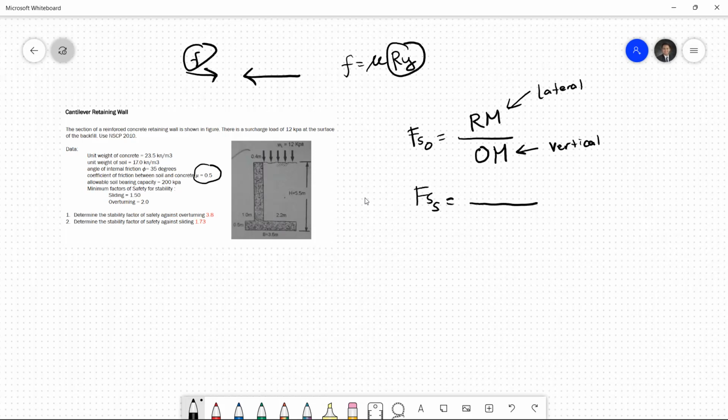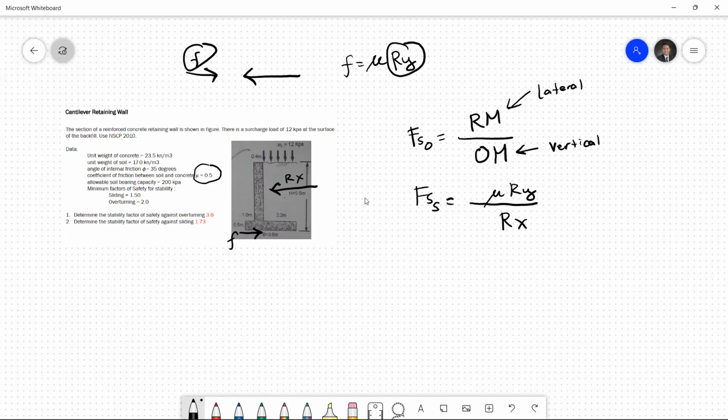So the factor of safety against sliding is mu Ry over Rx. This means you have the frictional force that resists the lateral force Rx.